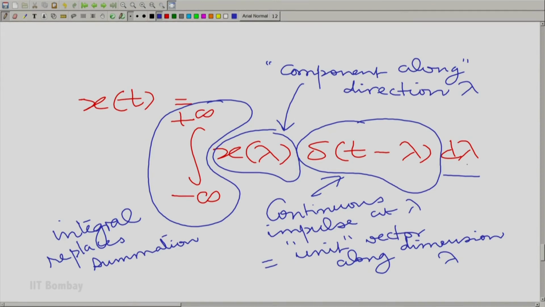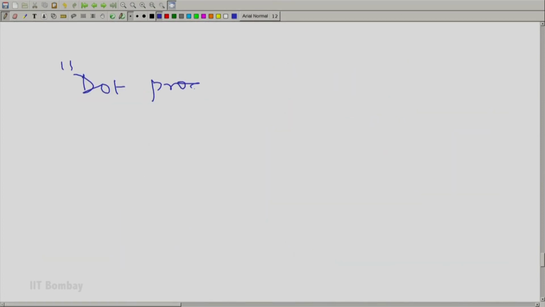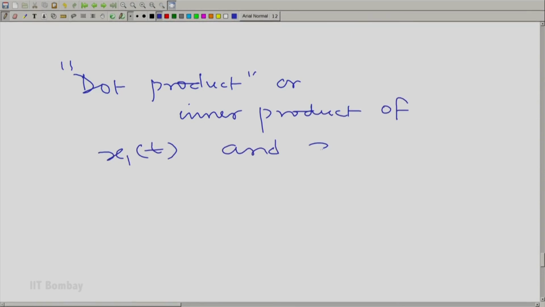All that you are doing is to sum. Instead of summing over the different dimensions, you are now integrating over the different dimensions. It is a replacement of the summation. So, in fact, now you can also define a dot product between two signals. We can talk of the dot product or inner product. Let us be formal now, of let us say x1(t) and x2(t).